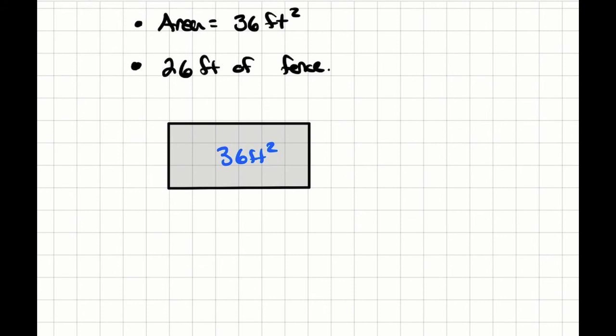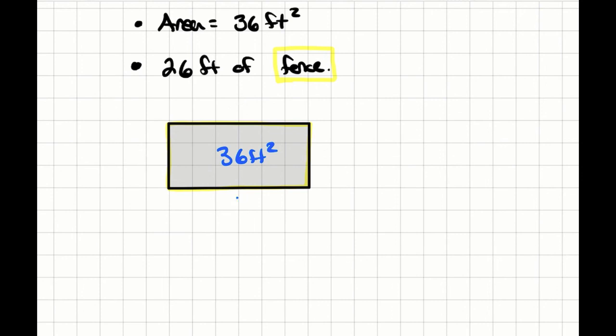I also know that the fence goes around the outside of this area, so the fence is going to be this yellow boundary. Whatever value I have here at x must also be the same here, and whatever value I have up here for y must be the same down here. And so I'm trying to find what x and y are.